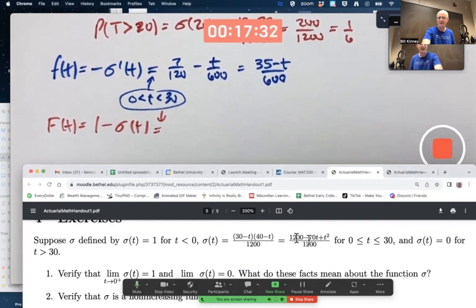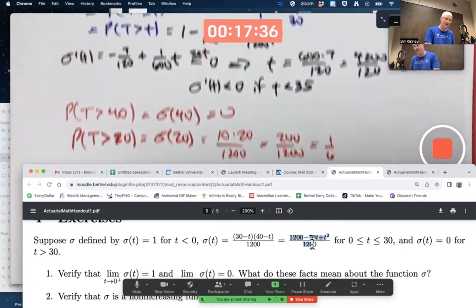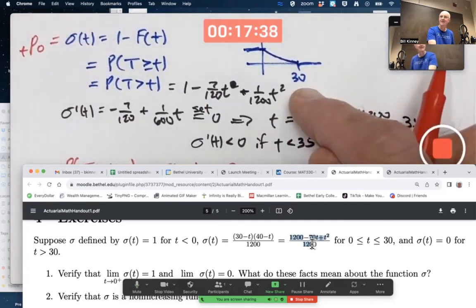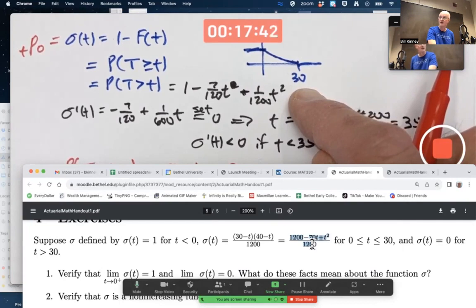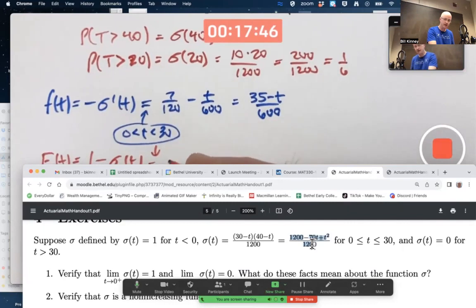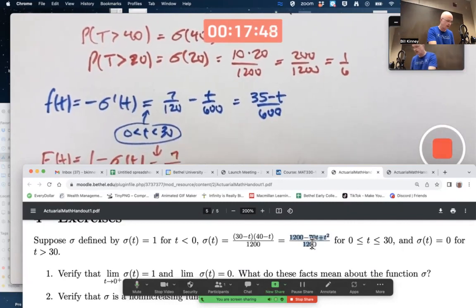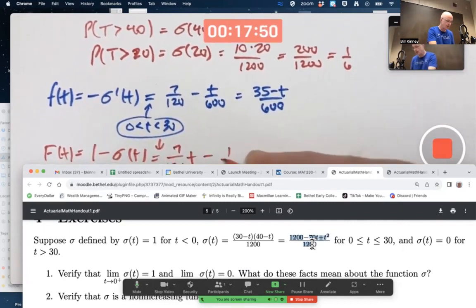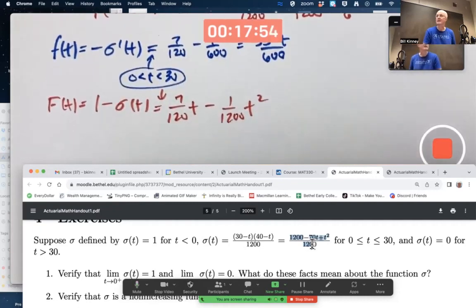Maybe it's easiest to think about doing 1 minus this when I split the fraction apart into pieces. 1 minus this thing. So the ones will cancel, and the other ones will have their signs changed. So we get positive 7 over 120t minus 1 over 1200 t squared when t is between 0 and 30.